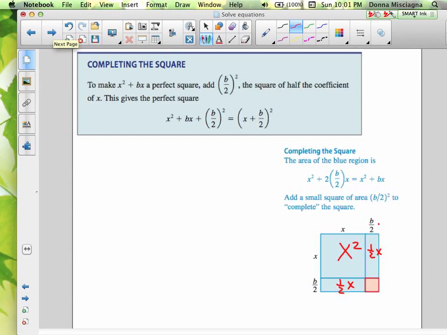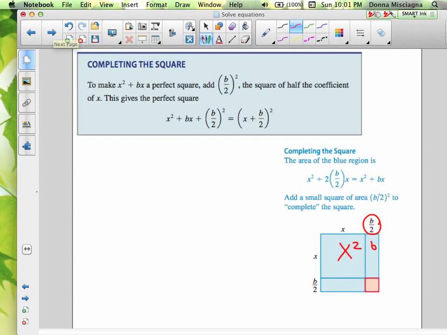Because it's b divided by 2. And when I say half, I mean half of b as well. So together, the b divided by 2 and the b divided by 2 together, right, would be b.